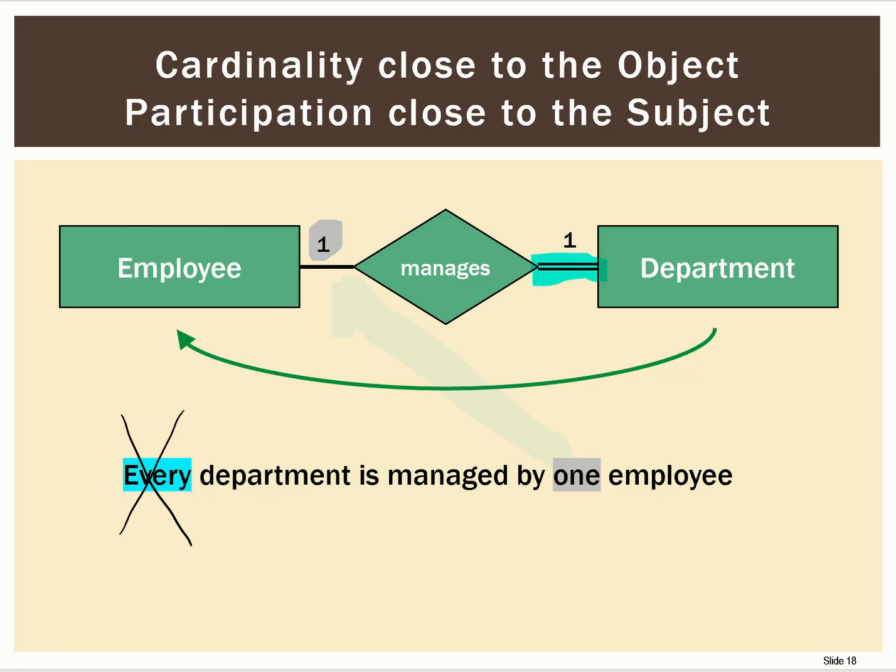This means that you have to take that total participation and change it to a single line now. And that single line would then change the meaning of your sentence. It would say, a department may be managed by 1 employee. This is why getting the ER diagrams correct and reading them back to the person who understands the data is very important.